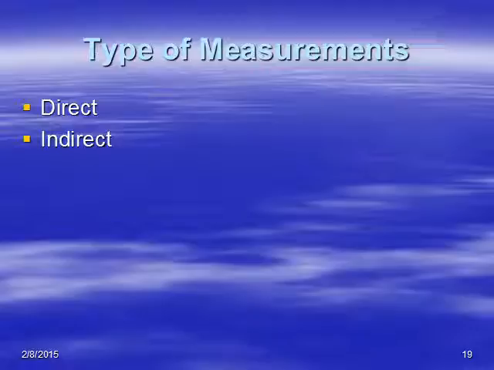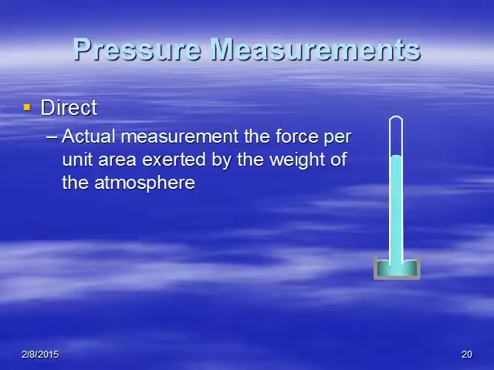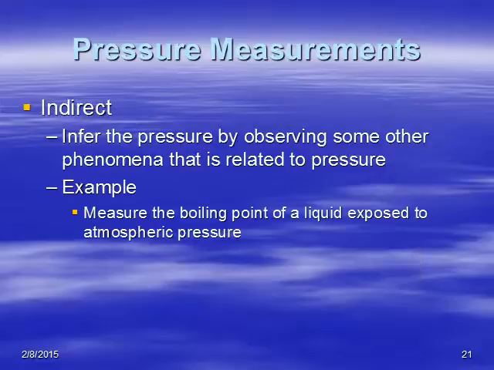The last couple of things I want to mention is the different types of pressure measurements. You can have either direct or indirect. Direct is where you actually measure what you're trying to measure, the force per unit area of the atmosphere, the weight of the atmosphere, using a barometer. Whereas indirect is where you measure pressure by some other phenomena that's related to pressure.